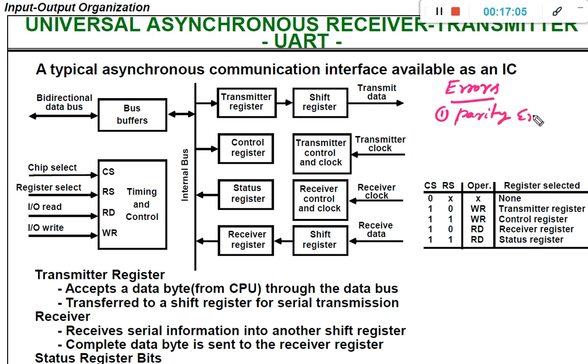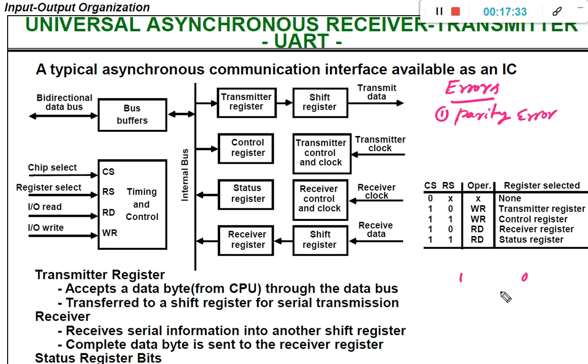Parity error means that whatever data we have sent from the sender to the receiver, either from the CPU to the I/O device or from the I/O device to the CPU, some of the bits may not be transmitted correctly. For example, if you transmit a 1 bit, then at the receiver it may be converted to 0 due to some internal or hardware error.